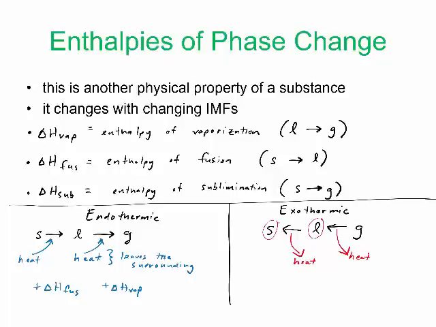So the back of your refrigerator ends up feeling hot because heat is being removed from the liquid water in order to freeze it. The heat goes to the surroundings and the surroundings end up feeling hot.